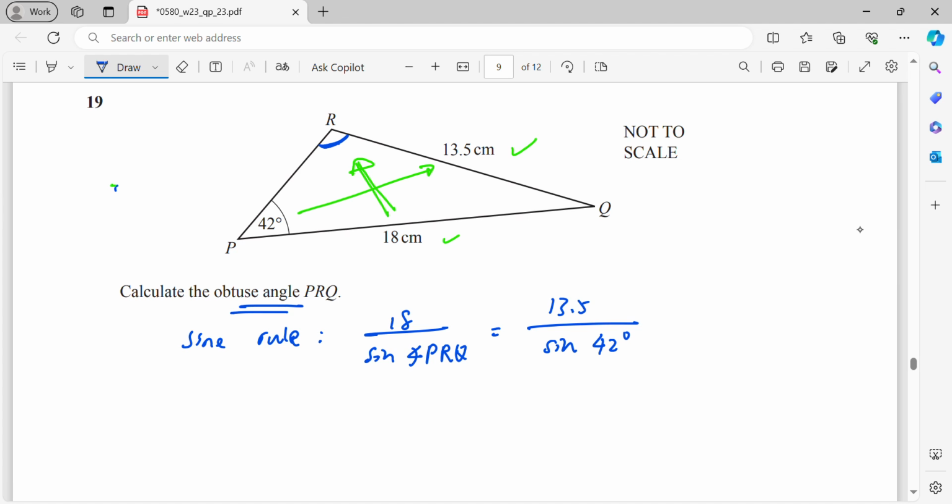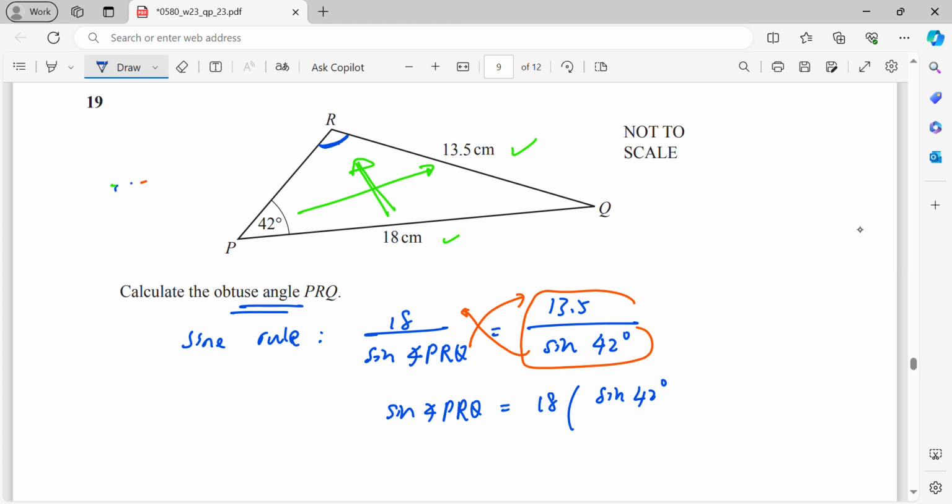So to get the sine, this sine I move up, then this whole term I move to the other side, then you have to swap, interchange the numerator and denominator. So sine angle PRQ equals 18 remains, and instead of 13.5 over sine 42 degrees, it now becomes sine 42 degrees divided by 13.5.